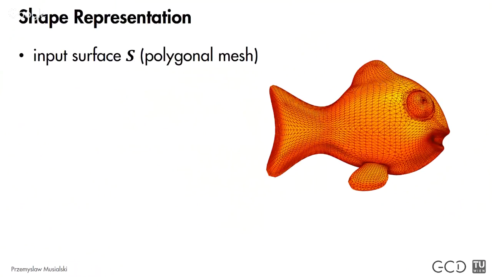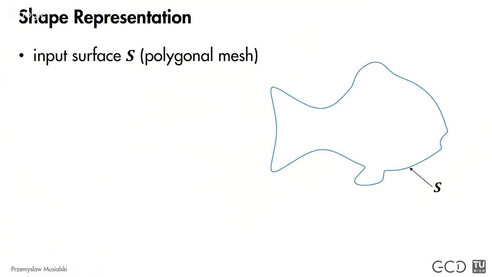The classical shape representation is a polygonal mesh. This is also what we use. So the input to our framework, to our algorithm, is a triangular mesh. Now for simplification, let's look at it as the silhouette.